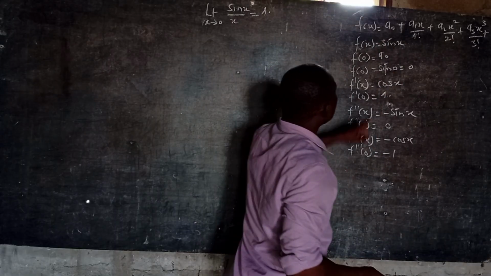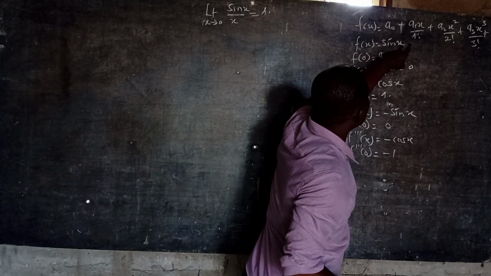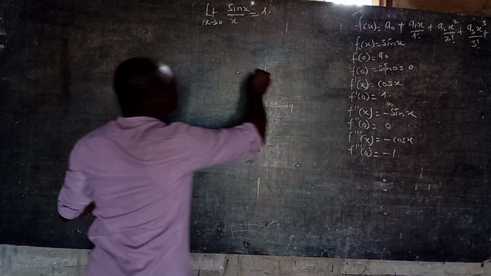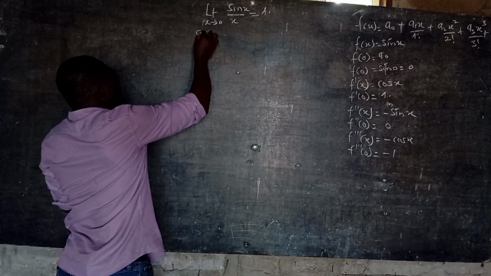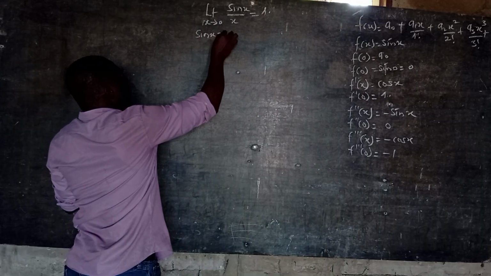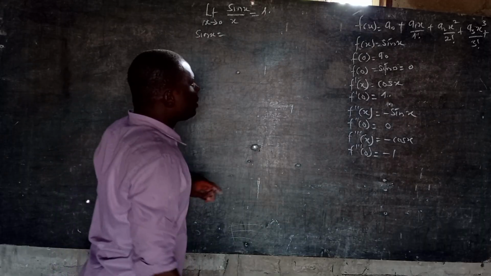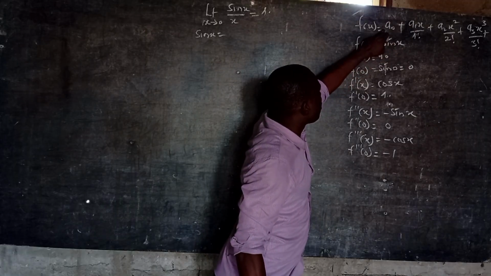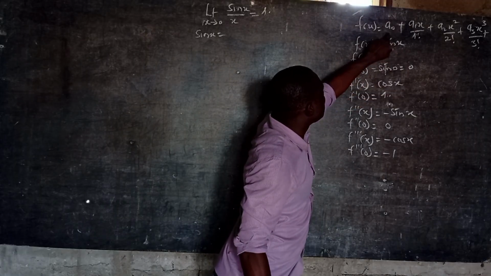So if we now look at this, for sine x, when we put f of 0 here, this place is 0.